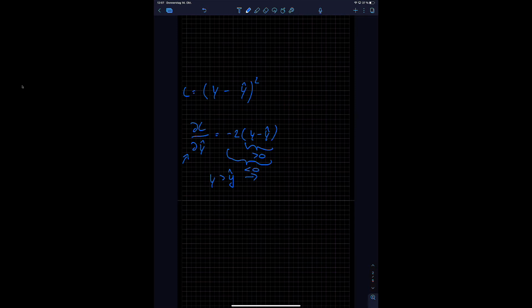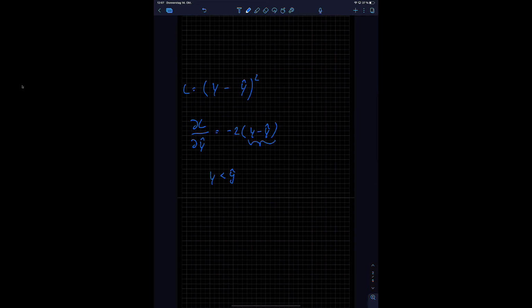And the same holds true for the other situation. That means if our initial guess is too big, then this here is a negative number, and overall this gets positive, and this means that the loss function would further increase if we further increased our guess, so we should decrease it.